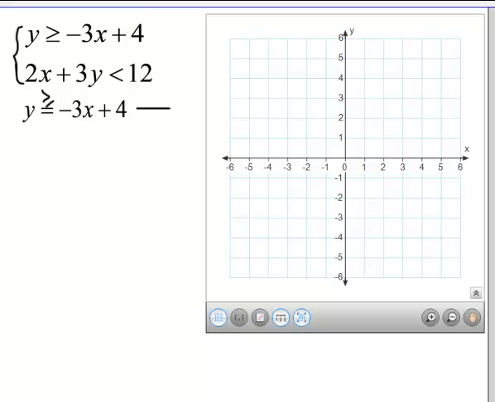And since this equation is given in the slope-intercept form, we are going to use y-intercept, which is 4, and slope, which is -3, to graph the line. So y-intercept is 4, slope is -3, and it's easier to write down -3 over 1, because basically what we need for the slope, we need rise over run.